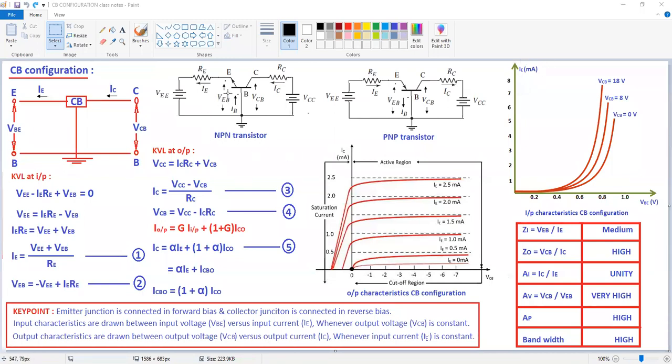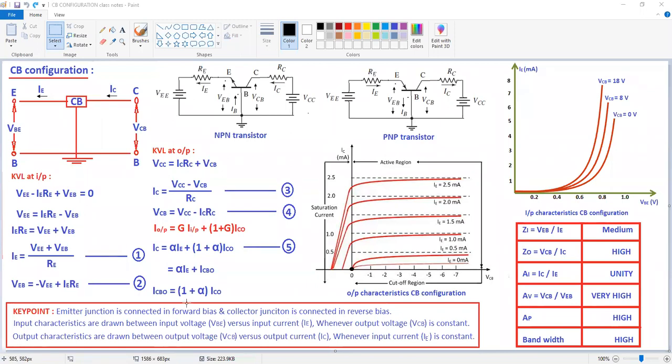The input characteristics are drawn between the input voltage on x-axis versus input current IE on y-axis, whenever the output voltage is constant. Similarly, output characteristics are drawn between the output voltage versus output current whenever the input current is constant.